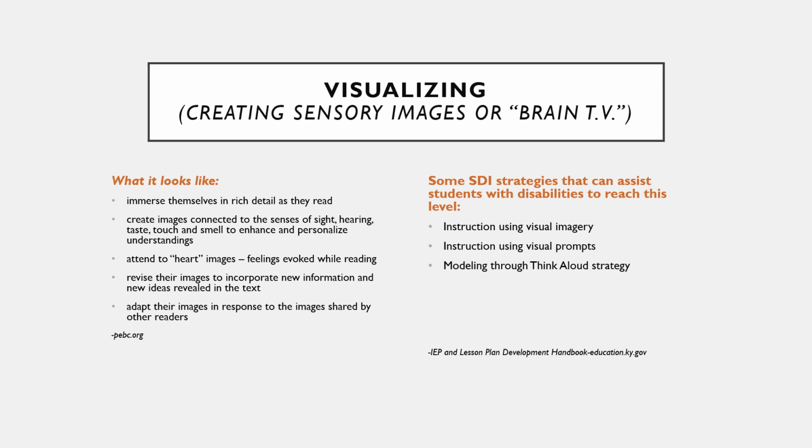So as you're reading that, then you just talk about how you can visualize what that room would look like and what that family would look like. You're painting that picture in your head, and you can do your Think Aloud strategy. You can talk it through and explain to your kids what that would look like.